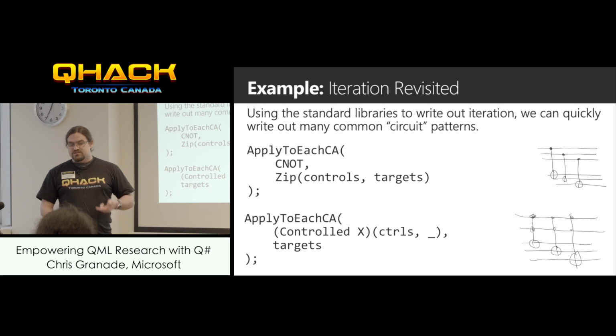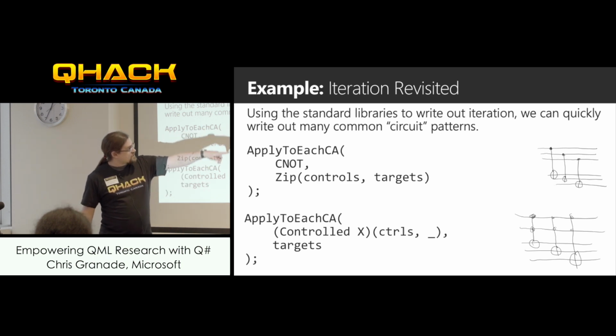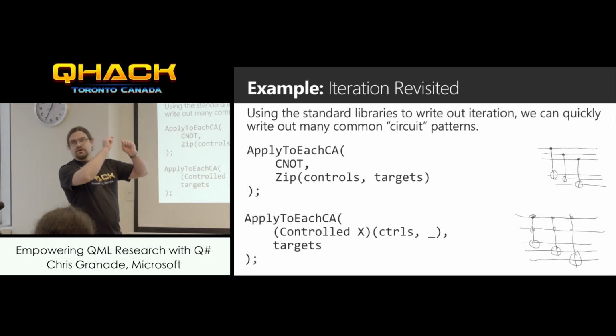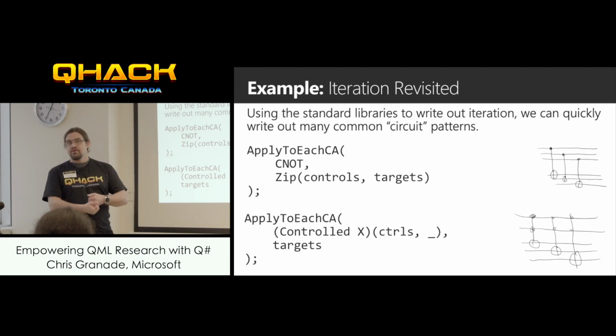Doing that gives us another way of expressing common circuit patterns. If I take a circuit diagram over here on the right where I do a CNOT between each qubit in two different registers, I can use that idea of zip to relate the arrays and take CNOT, that built-in library operation, and apply CNOT between each pair.